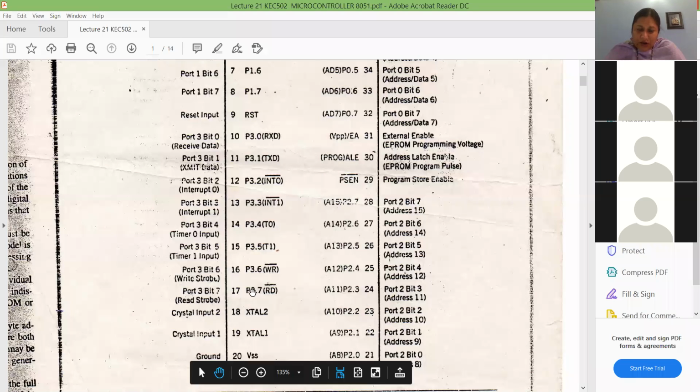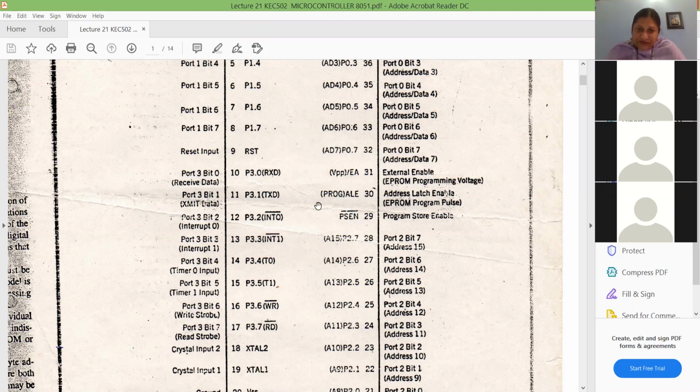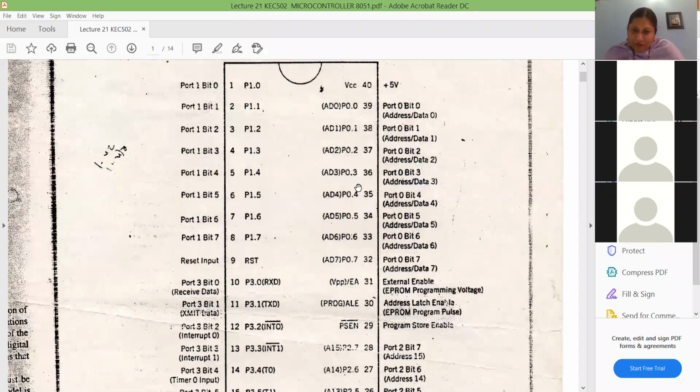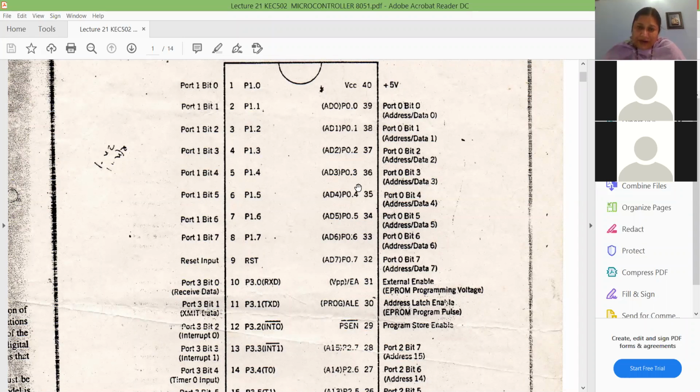So how do you see it? Suppose it is a 40 pin IC, you have ports, you have address lines, you have data lines, then you must have control signals and interrupts also. It is not possible for a 40 pin chip that for each and every operation you have a different pin. Because if this is the case, then your IC will not be a 40 pin IC, it will be an 80 pin IC. So to accommodate everything in a 40 pin IC, some of the pins are given double functions.